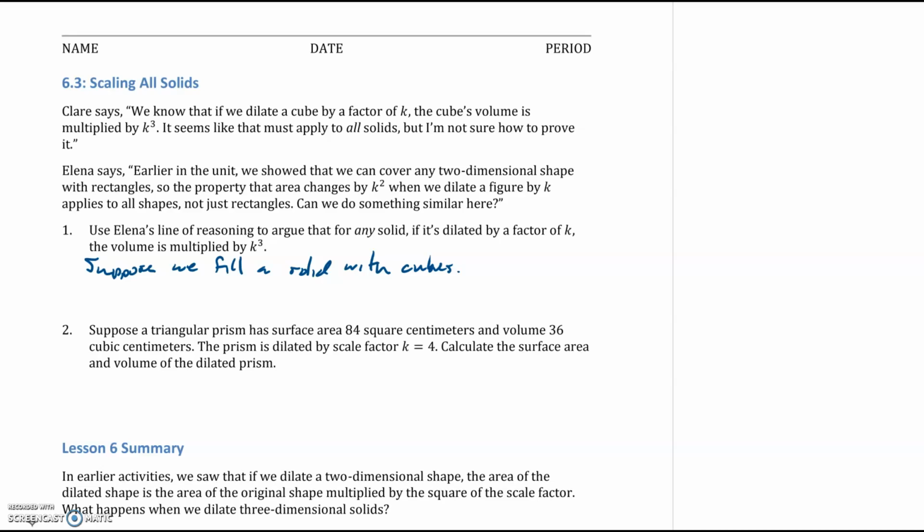In order to fill in every part of the solid, the cubes would have to get smaller and smaller as we fill the space.